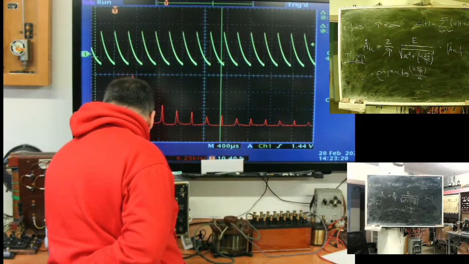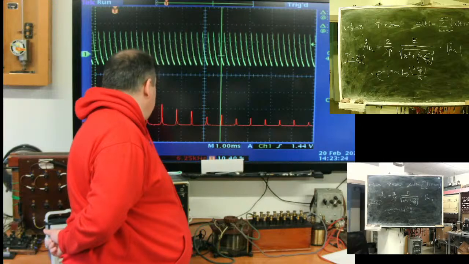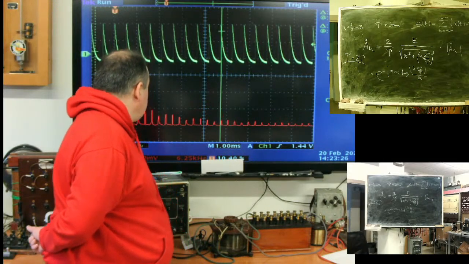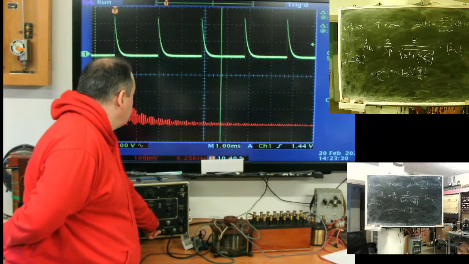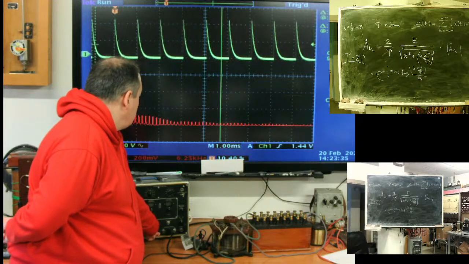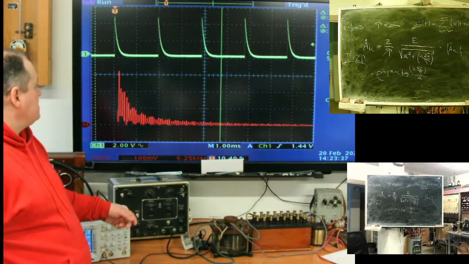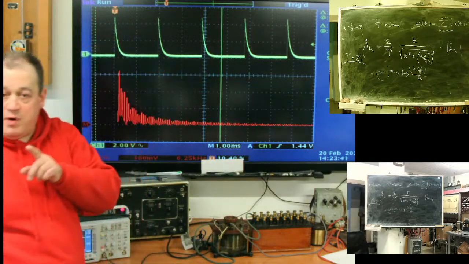Can you see? What happens? The greater distance between pulses.